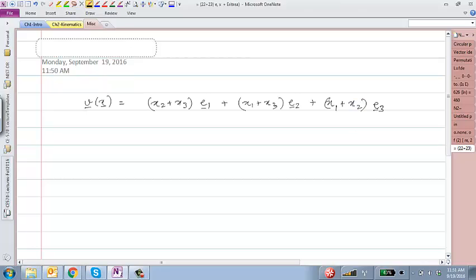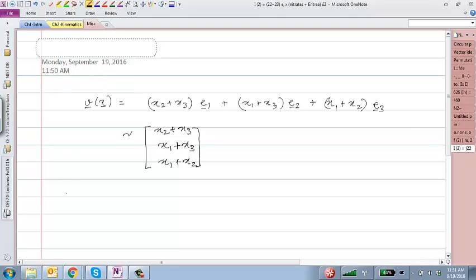So that's my vector field. I can represent this again as x2 plus x3, x1 plus x3, and x1 plus x2.